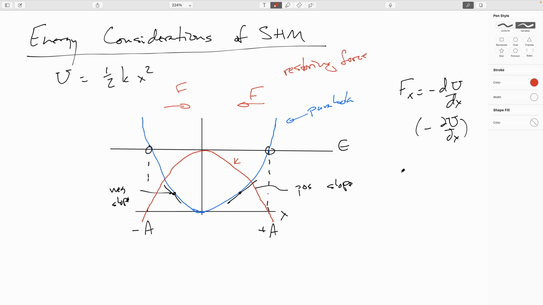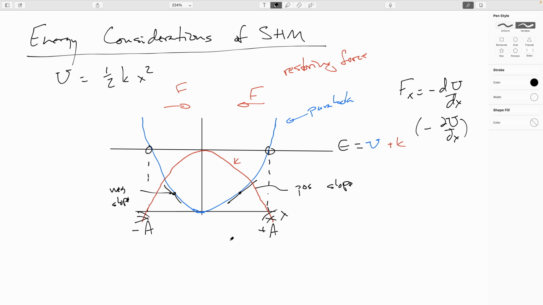And the sum of the potential and the kinetic always has to be equal to the total mechanical energy at all times. And we can see here that the kinetic energy would, in theory, go negative if we went out past the turning points, which isn't possible.